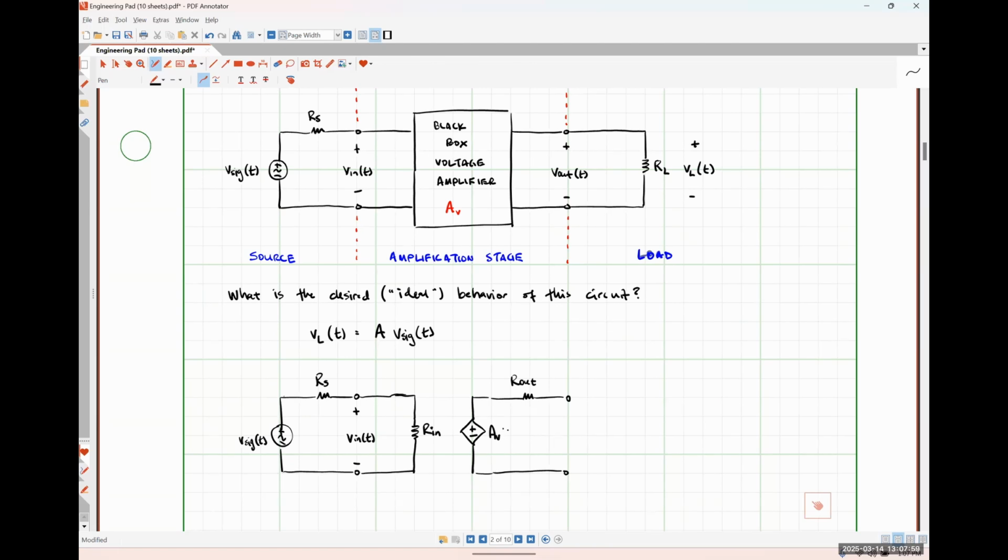So AV times Vn of t, like so. And then across here, we would have the output voltage of our amplifier, and then reconnecting my load RL. And here is my load voltage VL of t, like so.